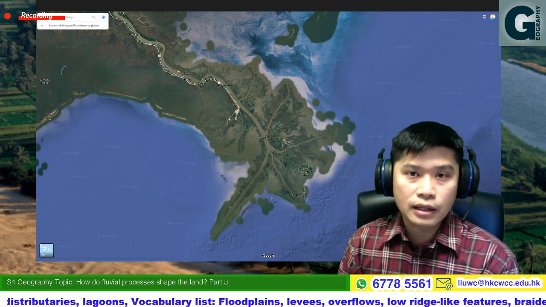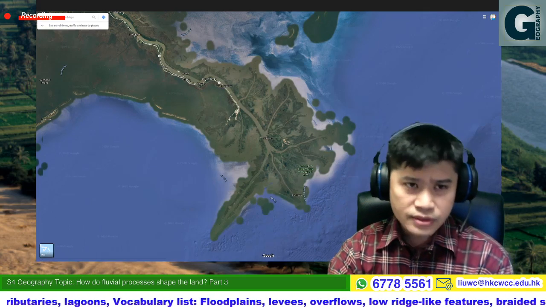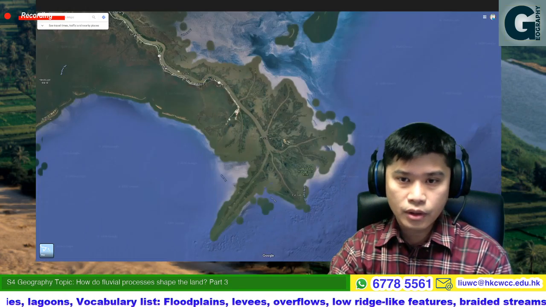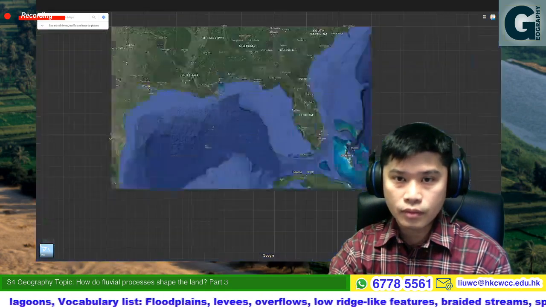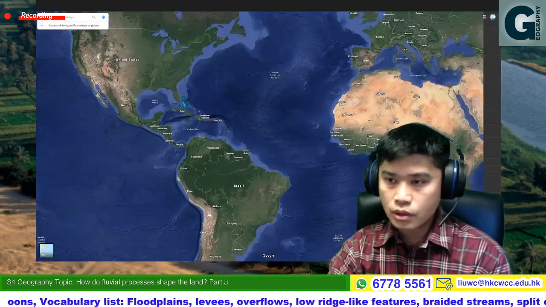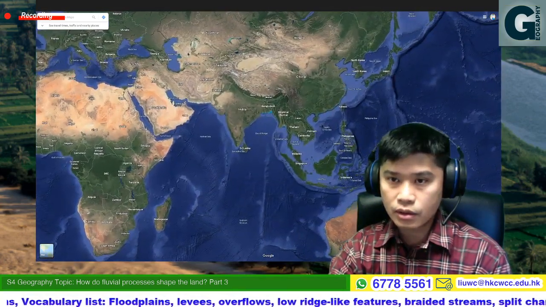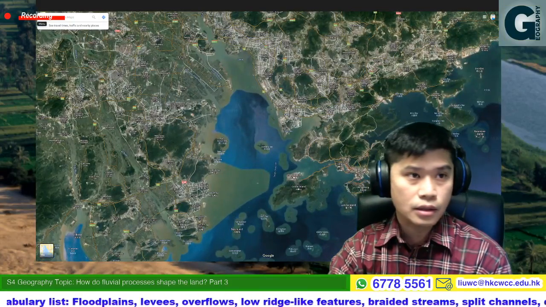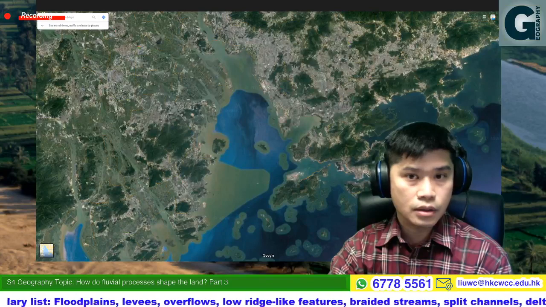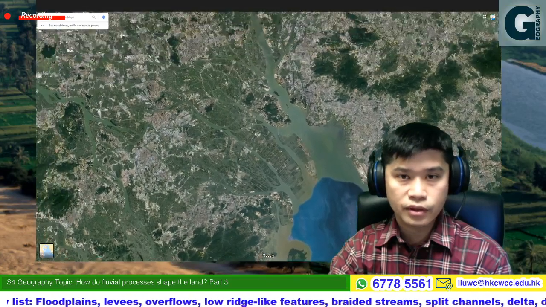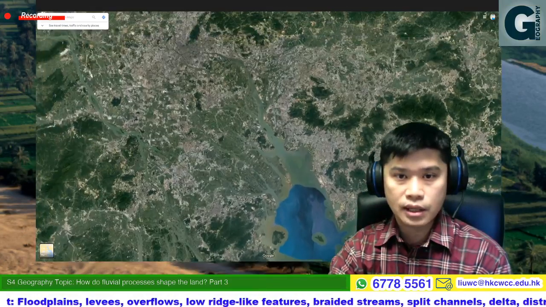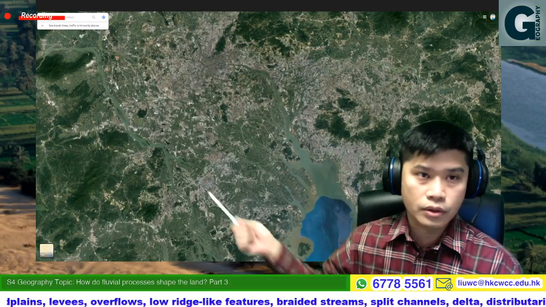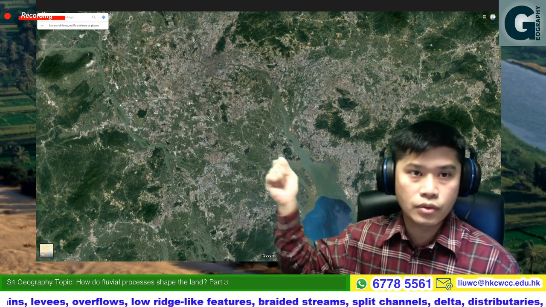So therefore, there could be a lot of deltas at river mouths in the world. And one more, let me show you. Like near Hong Kong, the Pearl River Delta we often talk about. Let me turn off the labels. All this area, you can see, is also like a delta.